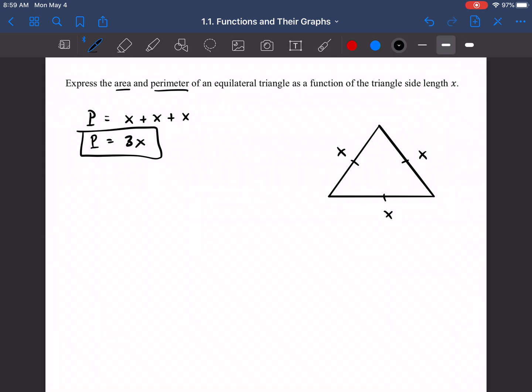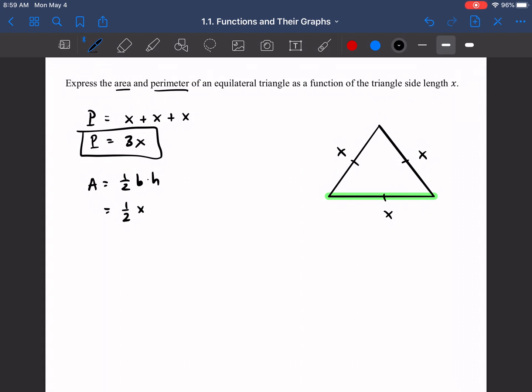Well, what about the area? If you remember, the area of a triangle is 1/2 base times height. And in this case, we need the base and the height. Well, the base is pretty easy. It's right here. This is the base right here. It's just x. So immediately we can write 1/2 times x.